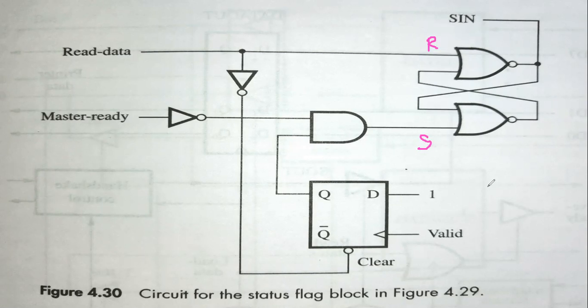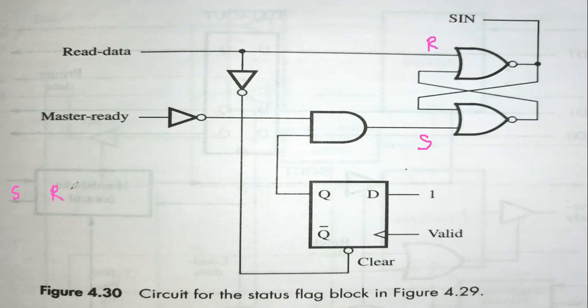In the previous slide we discussed if valid is equal to 1, meaning you are receiving valid information, then automatically we raise SIN. SIN is equal to 1. Now we'll see what consequences we get.